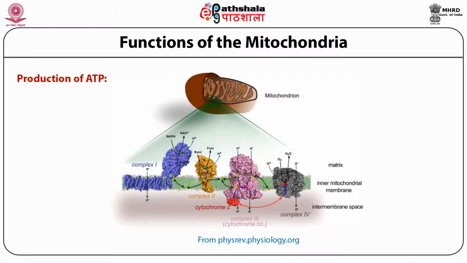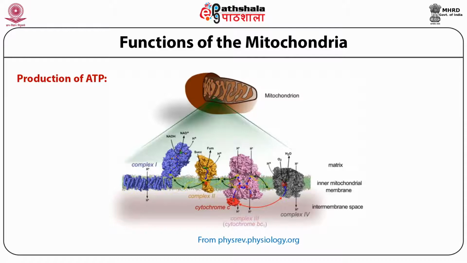Second, the downhill or exergonic electron flow makes free energy available for the uphill transport of protons across the proton-impermeable inner membrane. This conserves the free energy of fuel oxidation as a transmembrane electrochemical potential.